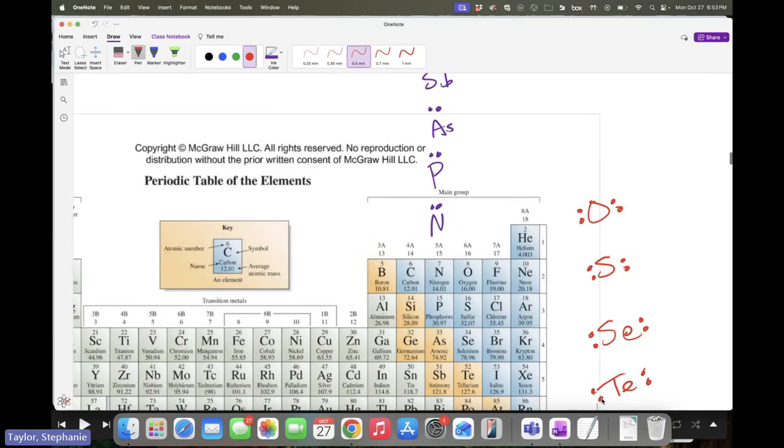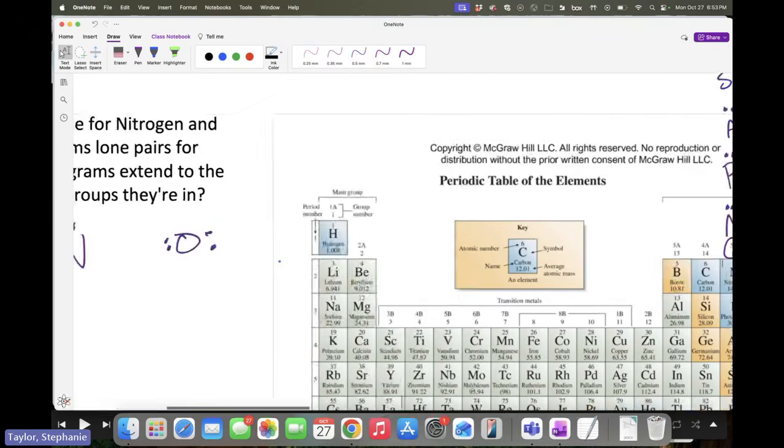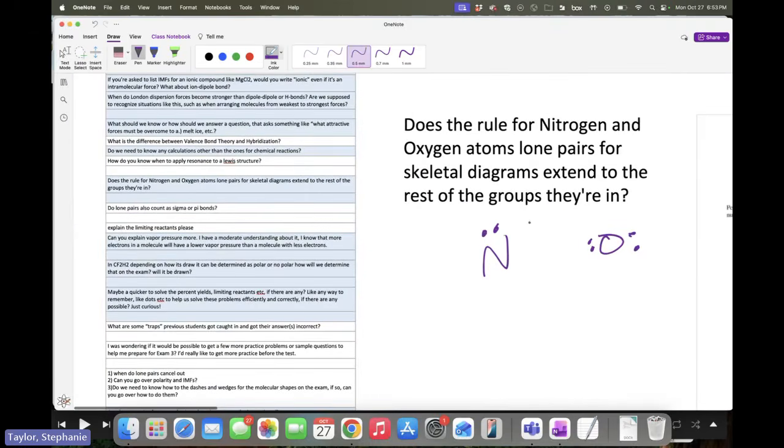I sincerely doubt you would see that, but we would assume that all the things in group 6A in a line skeletal diagram get two lone pairs, that everything in group 5A gets one lone pair. We would go ahead and make that assumption. So yes, I did answer that one.